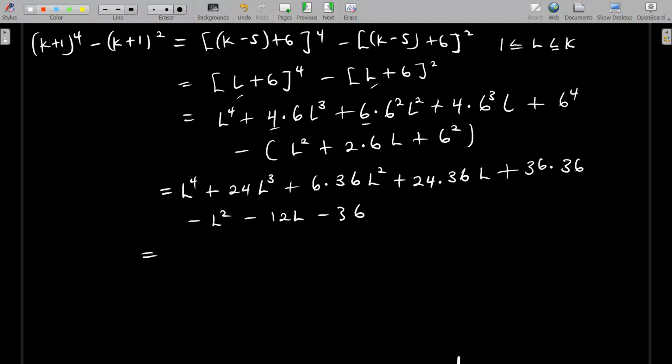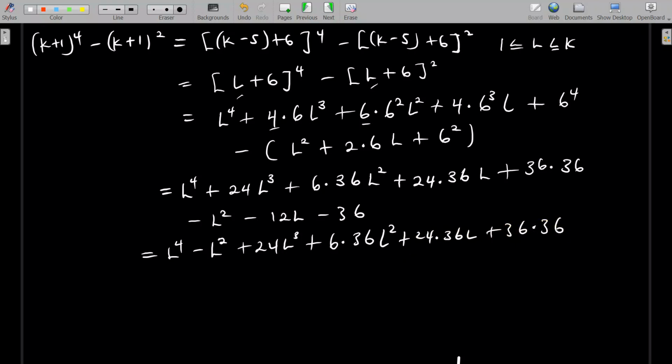Now this is going to be equal to, if I pick this and that, L to the power 4 minus L squared plus 24 L cubed plus 6 multiplying 36 L squared plus 24 multiplying 36 L plus 36 multiplying 36 minus 12L minus 36. So I'm not going to solve any of these. I'm not going to add these. So I'm leaving them like that.